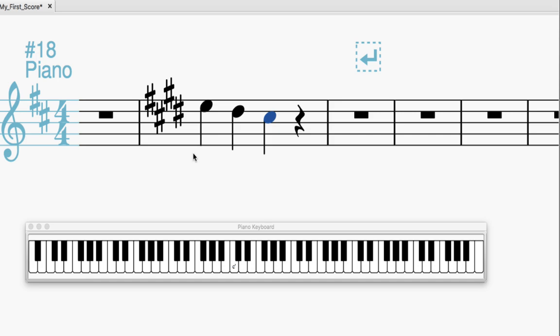So finding the relative minor from a major key, we're going to go down 3 to the 6th of the major scale. It's going to tell us what the tonic of the minor scale is. Going the other way, if we have a minor scale and we want to find the major scale, we're going to go up 3 to figure out what the tonic of the relative major is.